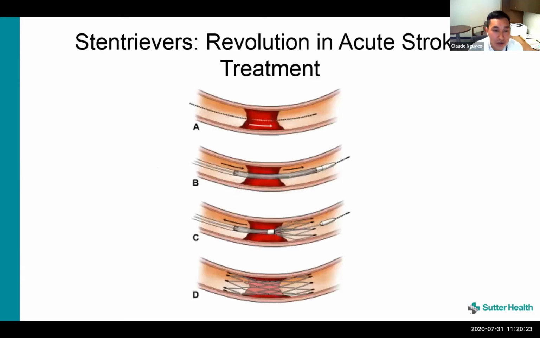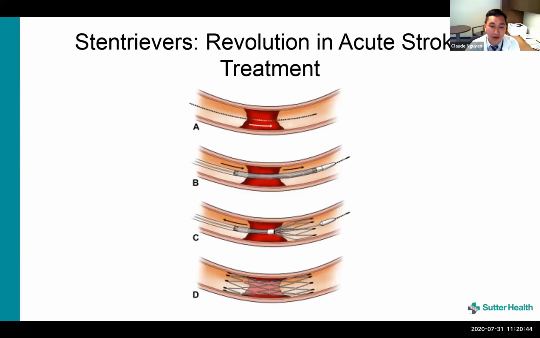So let me show you a cartoon of that. On the top panel, panel A here, is an example of this catheter. It's a very thin catheter that you can introduce into the body, either into an artery in the leg or sometimes in the arm.